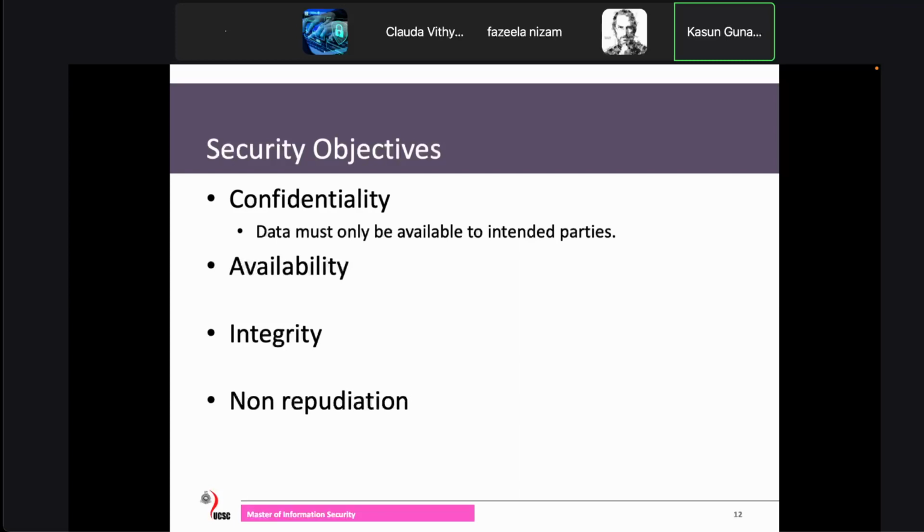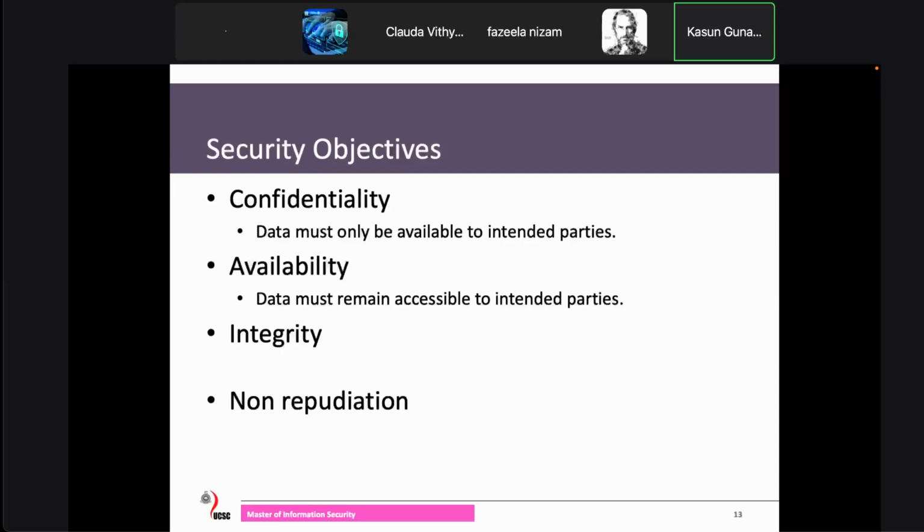Second, availability. What availability means in a data environment is that data must remain accessible to intended parties. So it should be available for everybody who is intended to access it.